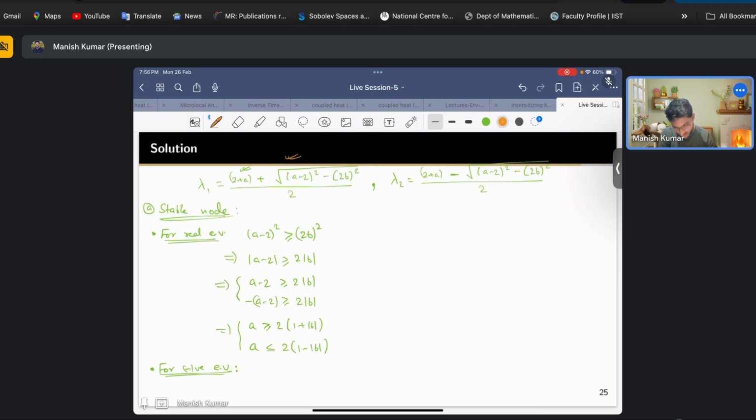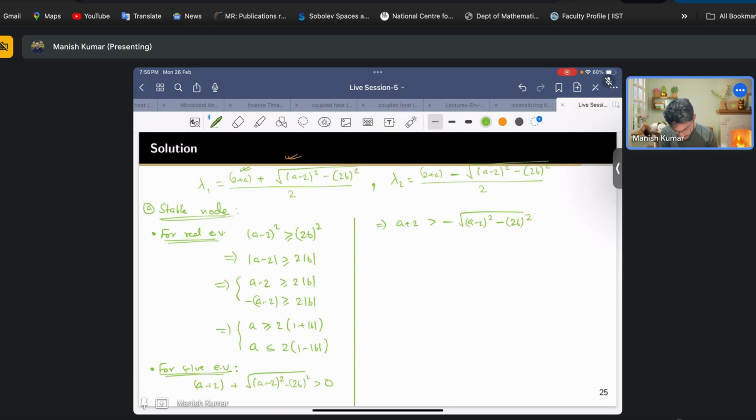So here what we want to make sure is, for negative eigenvalue, that a plus 2 plus the square root of a minus 2 square minus 2b square is less than 0, right? This means that a plus 2 should be greater than minus the square root of a minus 2 square minus 2b square, right?